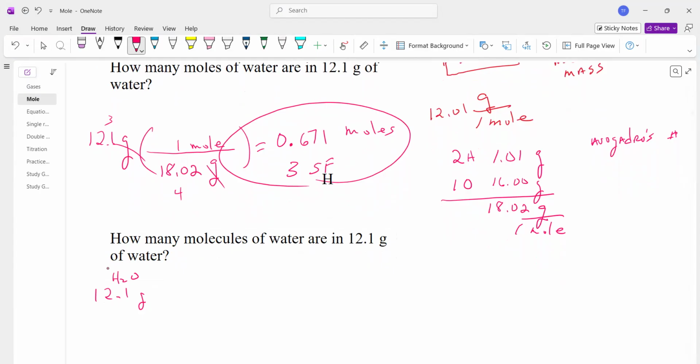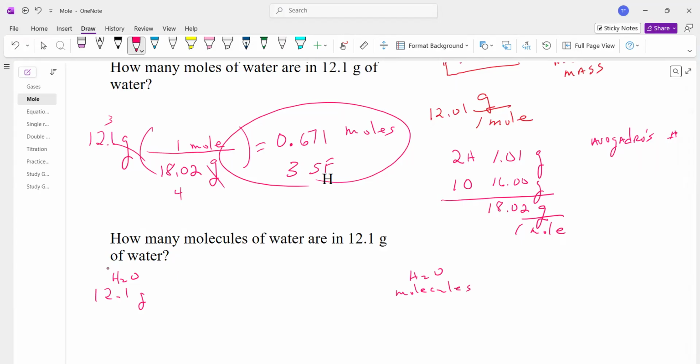How many? That's the key word. How many? Automatically think Avogadro's number when you see that word. We're going from grams to molecules.